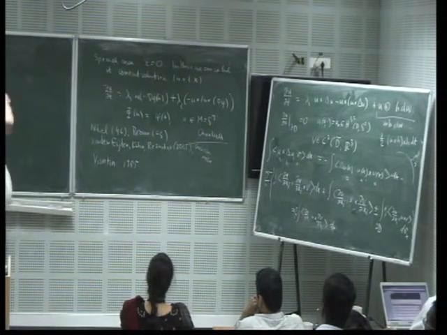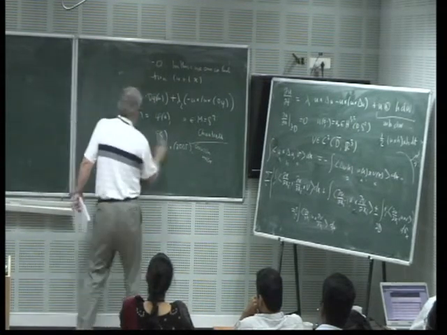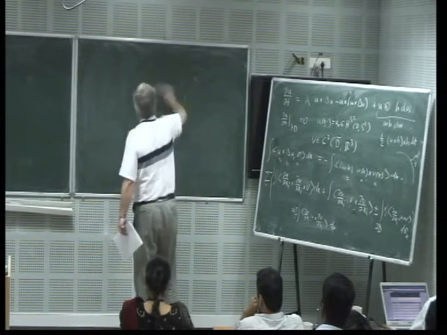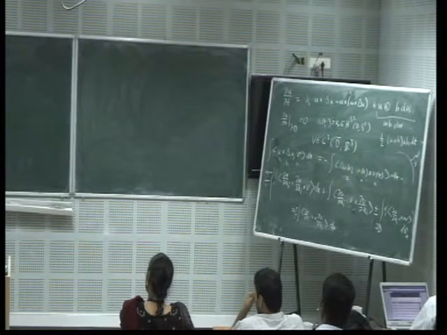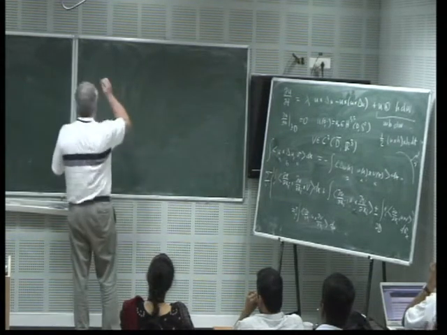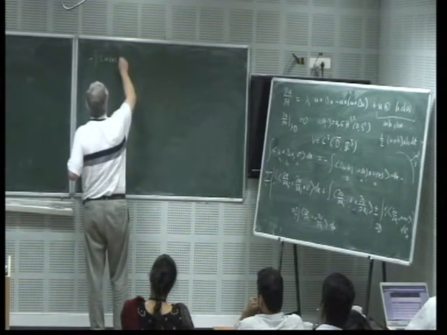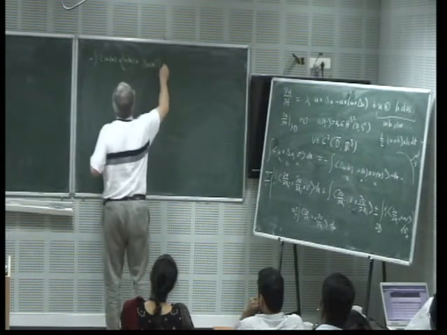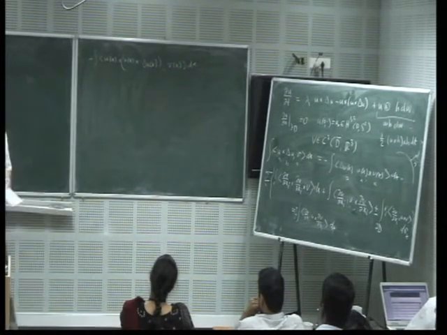Now the other term can be treated by similar considerations, and by similar arguments you can show that we can write it as the integral of minus u of x cross product u of x cross product Laplacian u of x, dx.